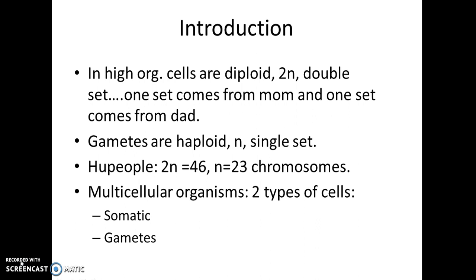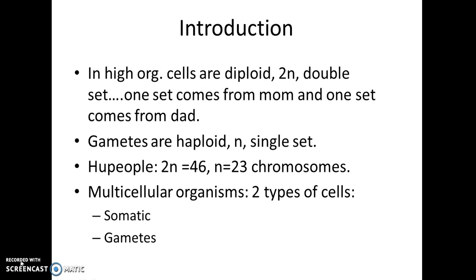Gametes are haploid, which means single set, represented by the letter N, which is half of a diploid. So mom gives you N chromosomes, dad gives you N chromosomes, and you end up with N plus N, which is 2N.